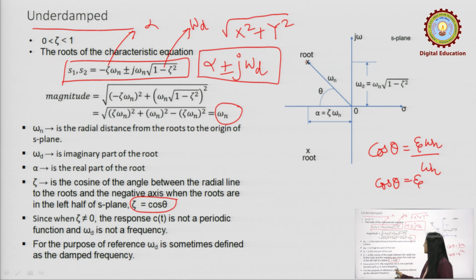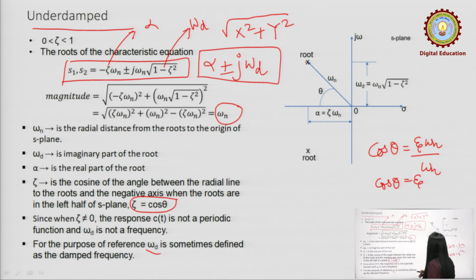In this case of zeta not equal to 0, the response c of t is not a periodic function, and omega d here is not a frequency. There are two quantities, the real and the imaginary part, omega d being the imaginary part. So, for the purpose of reference, omega d is sometimes defined as the damped frequency.